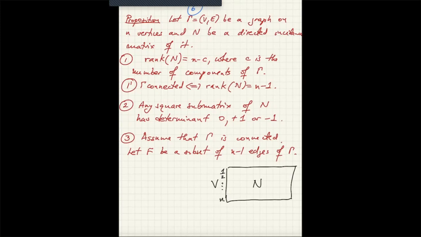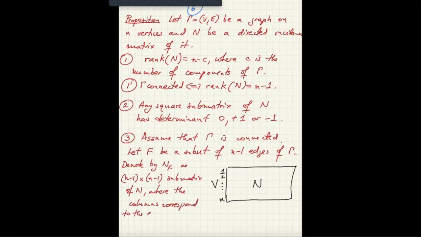And now denote by N_F the n-1 by n-1 submatrix of N, where the columns correspond to the edges of F. So F has n-1 edges.